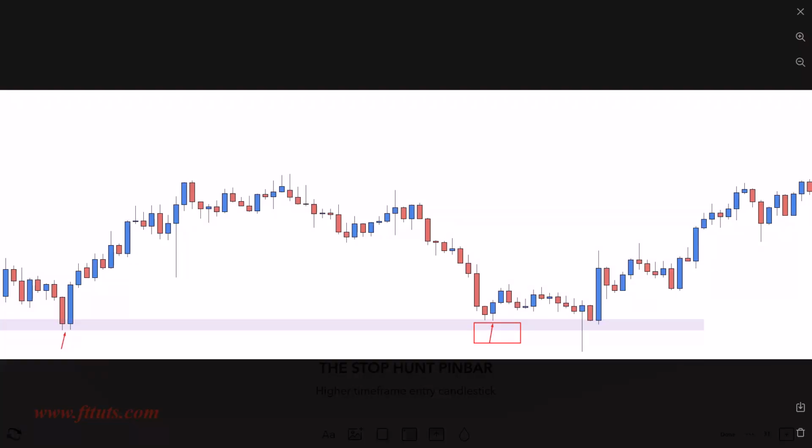You don't want prices to go too far higher, and this applies to all stop hunt setups, because if prices go higher, then how many stop losses are really going to be here? Because traders are doing what? They're taking profit along the way.